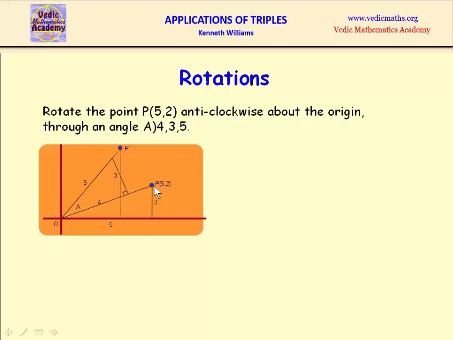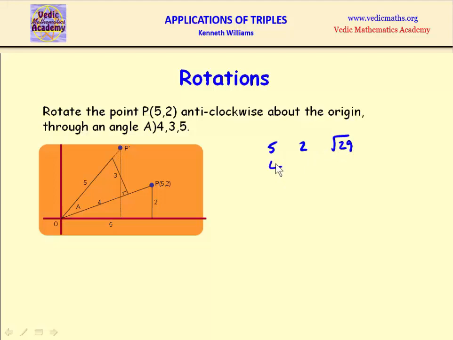And what we're trying to do, of course, is to rotate P around through that angle to the point P dashed. We want the coordinates of P dashed. So the way to do it was simply to write down the point triple, write down the rotation triple, and add them up to get a triple for this line here. So we would have 5, 2, and then the third element, found from Pythagoras' theorem, 25 and 4 is 29.